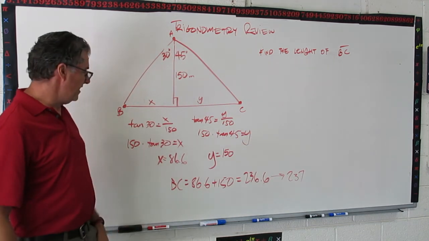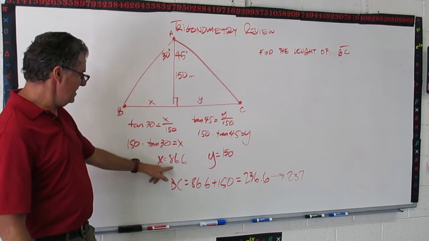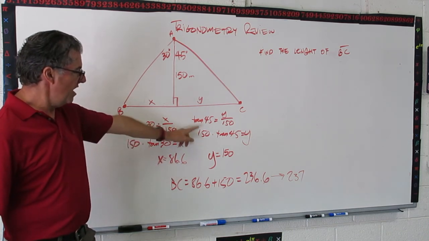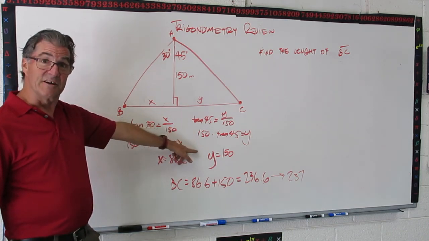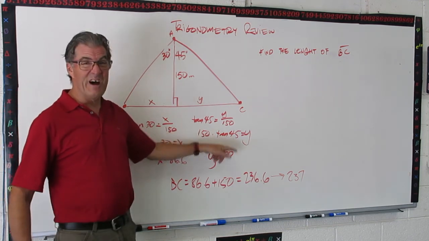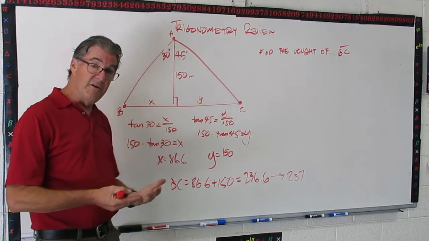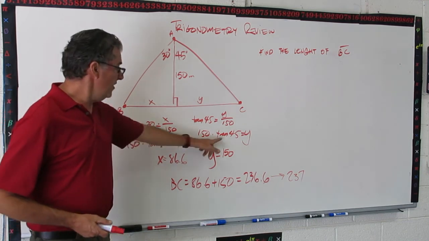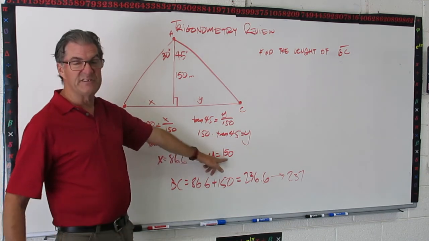Okay, I got out my calculator and did some number crunching. X is 86.6. And then on this one, I didn't need my calculator because I'm familiar enough with tangent, I know tan 45 is just 1. You probably noticed that when you did the calculation. So I just know automatically that this one has to be 150.